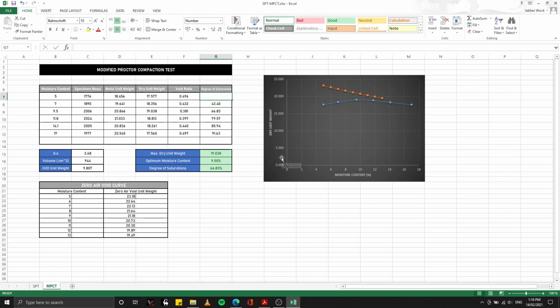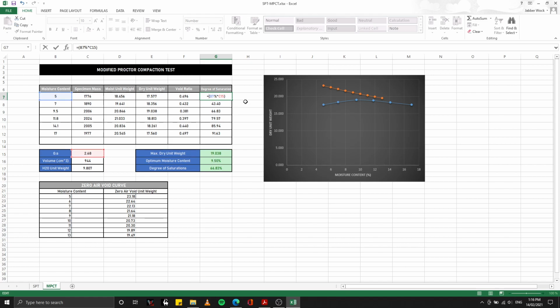Okay? Next, for the degree of saturation. So, for the degree of saturation, ang gagawin lang natin is to multiply the moisture content and ang ating specific gravity. Okay? Again, multiply moisture content times the specific gravity.